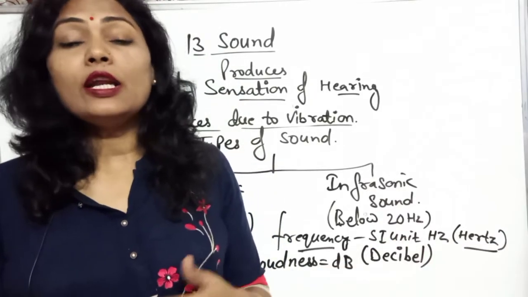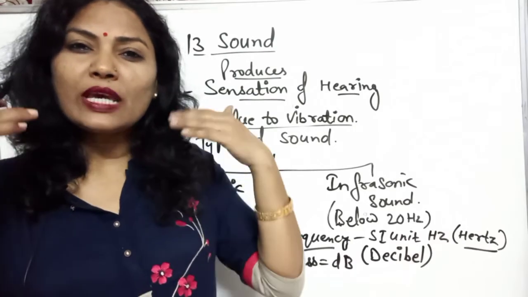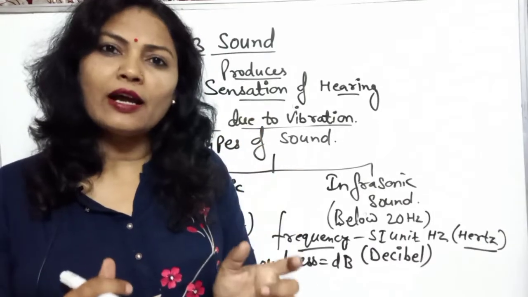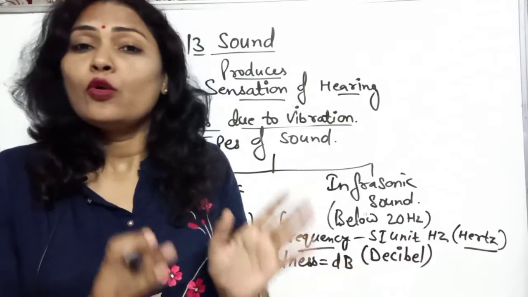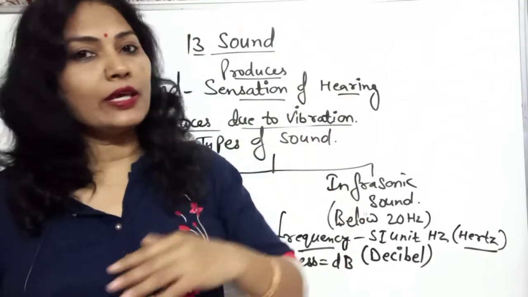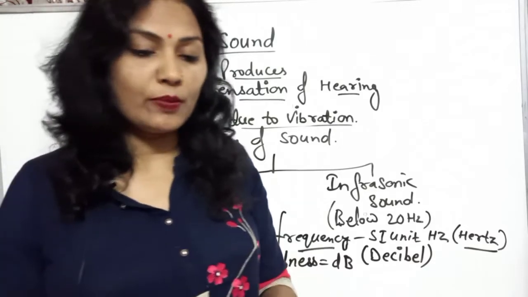Audible and inaudible sounds are also there. Audible sound means the sound which we can hear, from 20 hertz to 20,000 hertz. Below 20 hertz or above 20,000 hertz we cannot hear the sound. That type of sound is inaudible sound.